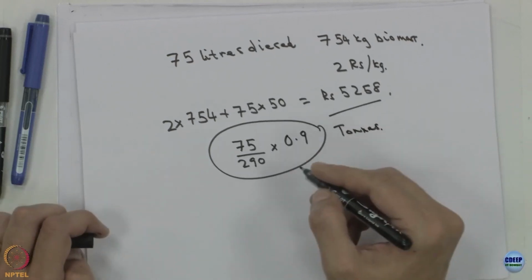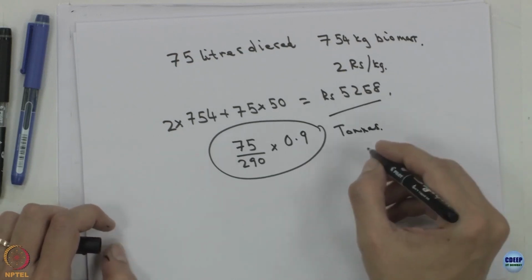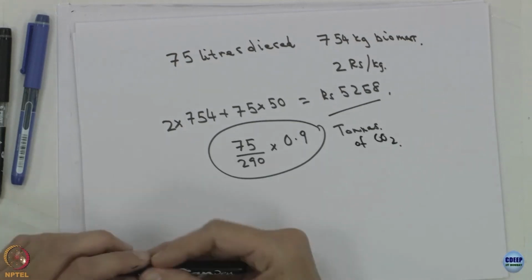So the amount of CO2 reduces significantly in this option, but it's a costly option. There are other things one can think of, and there is now a move towards solar photovoltaic based pumping. So you can look at this.